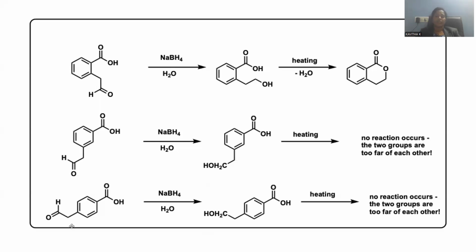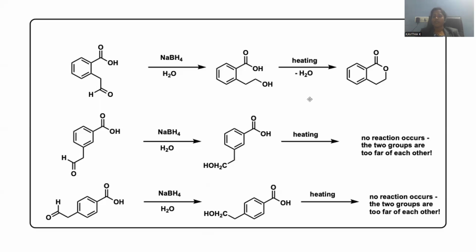And this is another case. I'm going to replace the meta position with the para position. The distance between the two functional groups is still greater. When sodium borohydride is applied upon the same molecule, the aldehyde obviously gives rise to an alcohol, but further cyclization may not be accomplished.